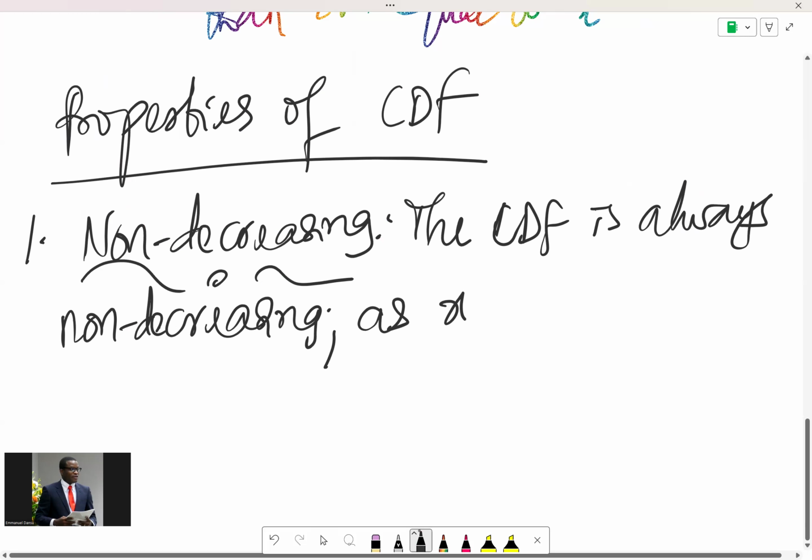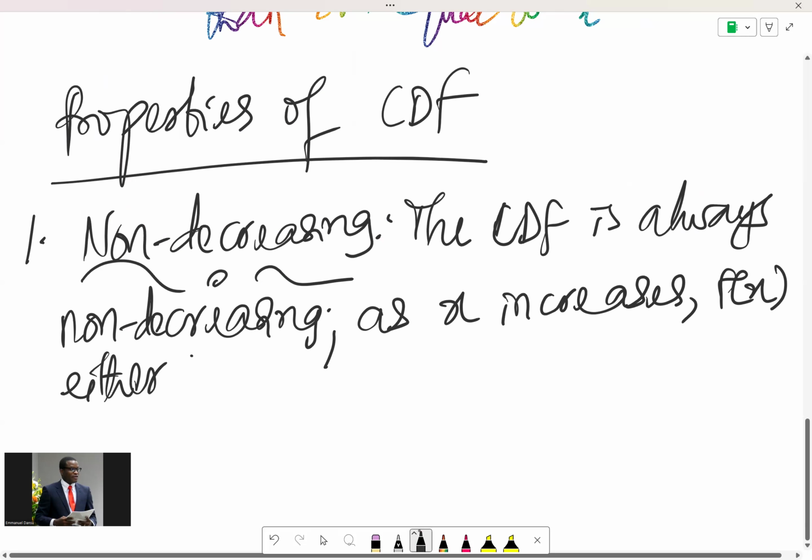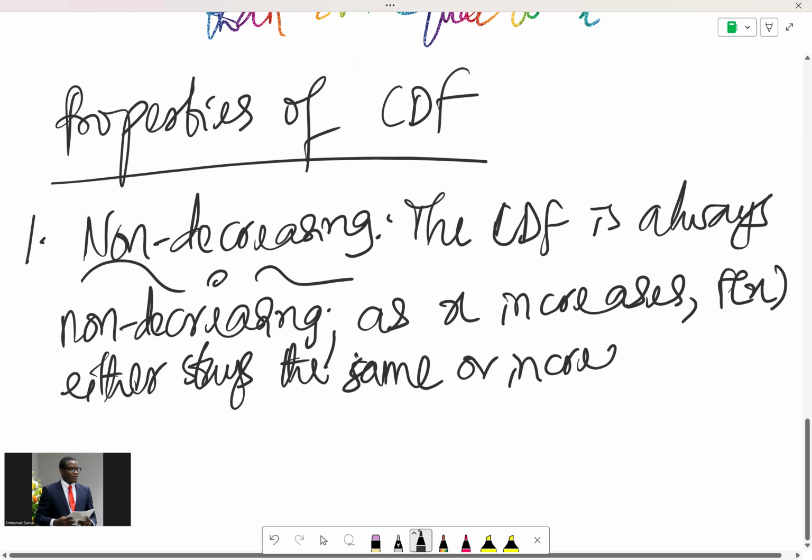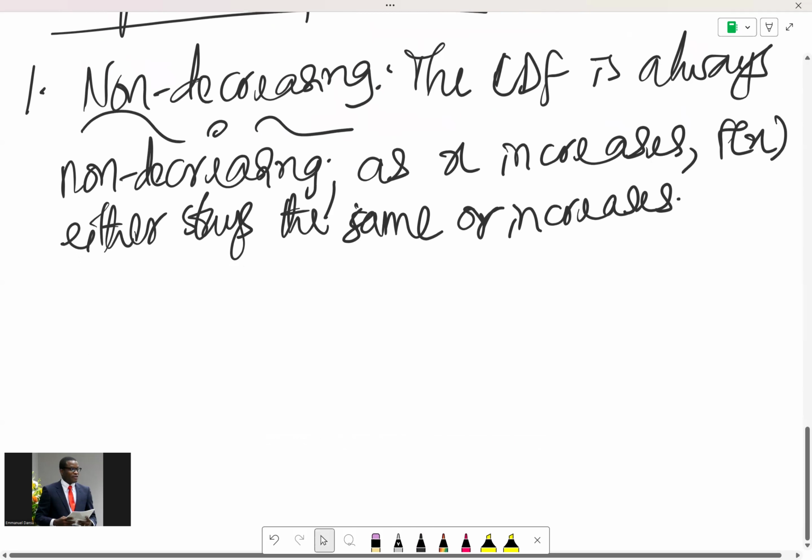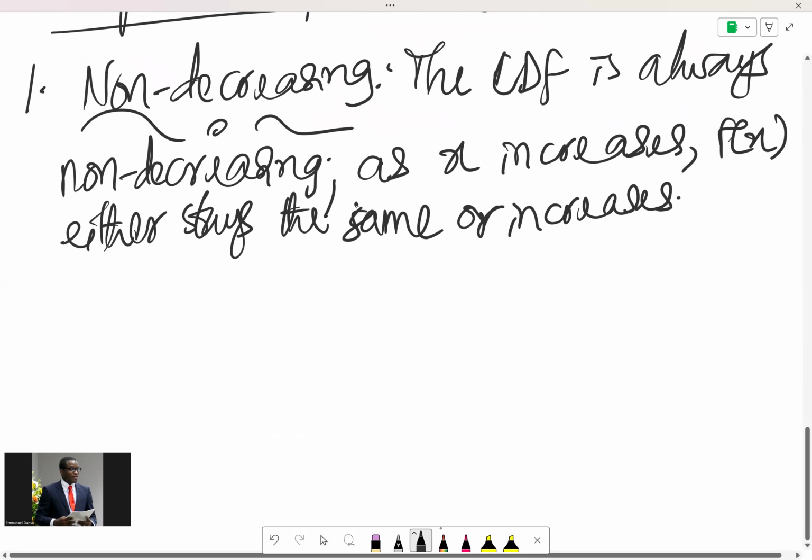As x increases, F of x either stays the same or increases. Okay, so the key is that it's non-decreasing.